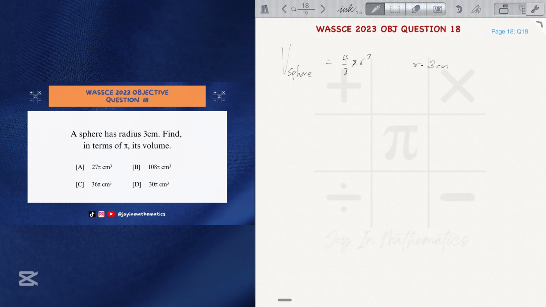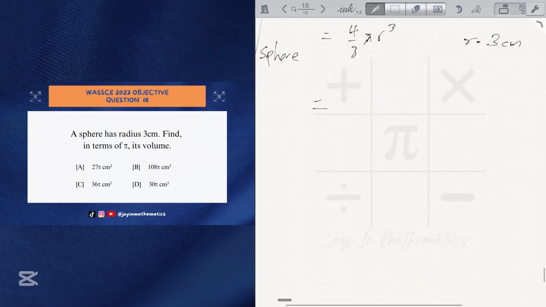So let's solve this now. This will give us 4 over 3 multiplied by pi multiplied by 3 raised to the power of 3. If you read the question well, you'll see that it says find in terms of pi, so we are not converting pi to be 22 over 7. Simplifying further, it's 4 over 3 multiplied by pi multiplied by 3 multiplied by 3.